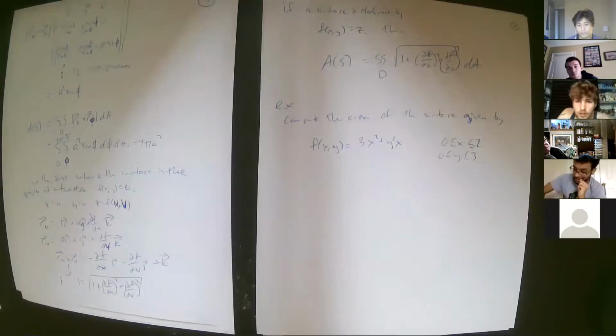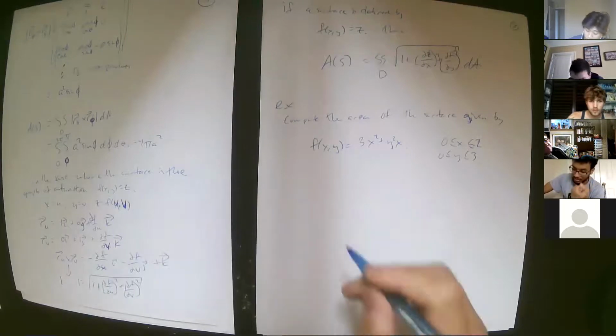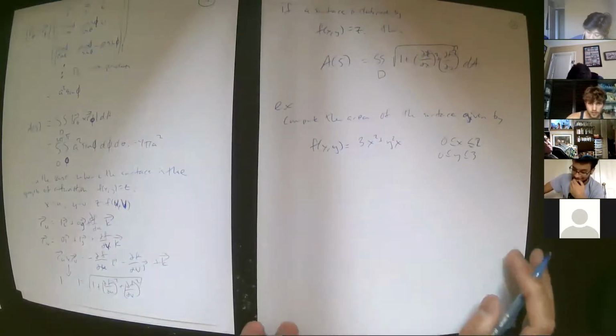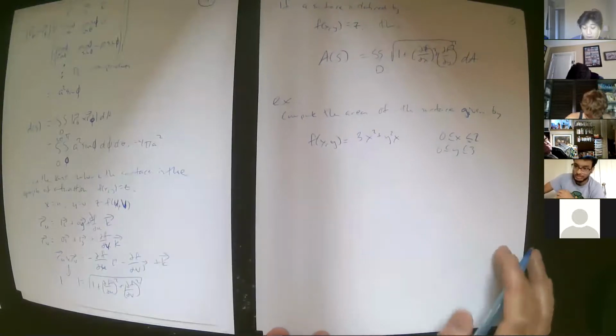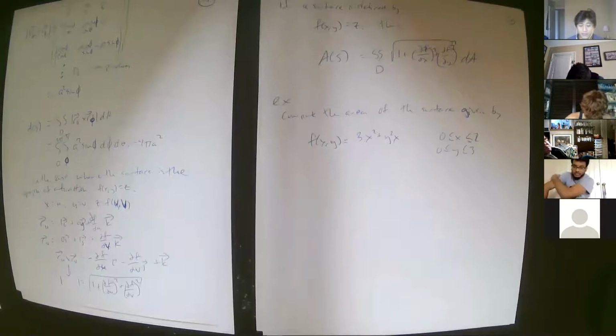Can we just do the square root of 1 plus the partial derivative in x squared plus the partial derivative in y squared, from 0 to 2 and so on? Seems reasonable. Our region is very nice, it's just a rectangle.